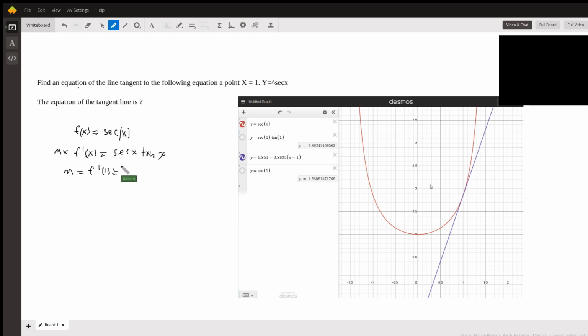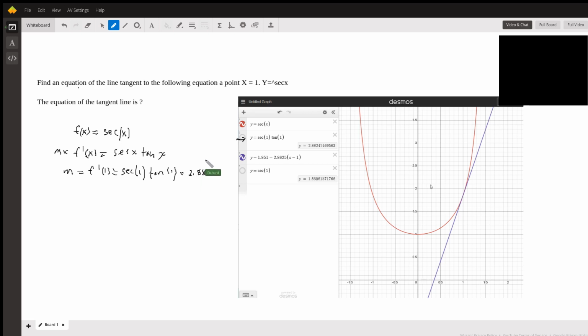This is the general form of the slope. So it's going to be secant 1 tan 1. And you can see that when you put it in the calculator, you're going to get 2.88 roughly.